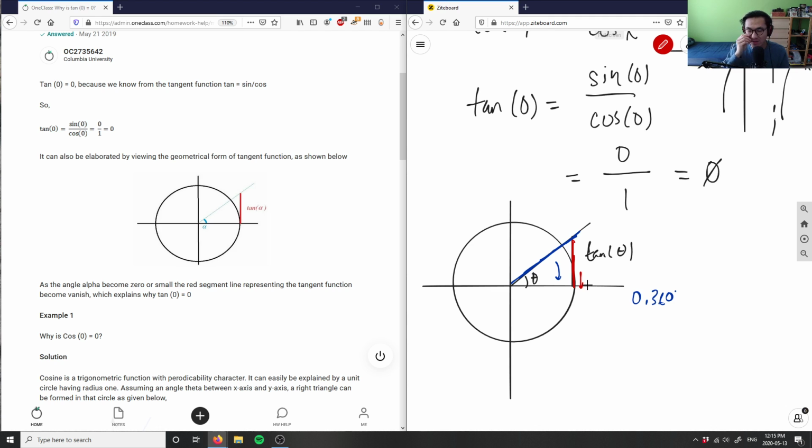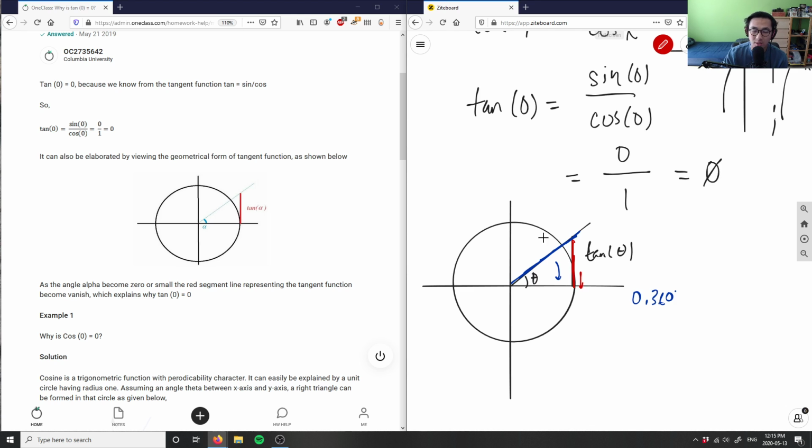So you can think of this in 2 ways here, or actually there are 3 ways to think about this problem. Either using a unit circle, or an identity, or you can use a graph to figure out why tangent of 0 equals 0. So there are a lot of ways for us to support this.